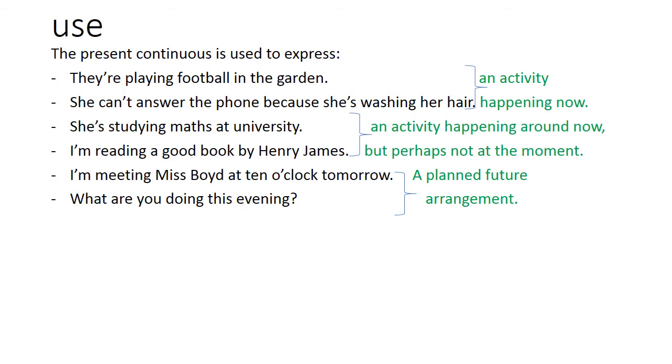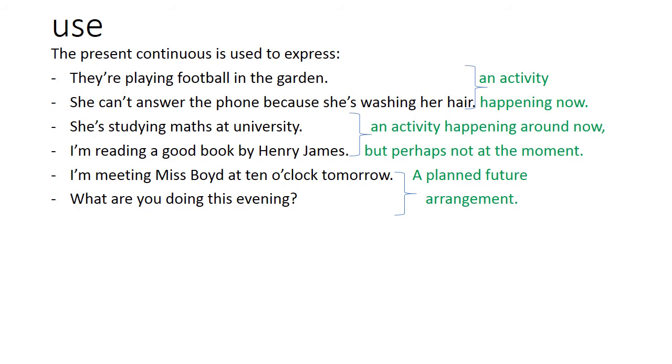And another use of the present continuous is a planned future arrangement. Example for this, I'm meeting Miss Boyd at 10 o'clock tomorrow. And we can ask, what are you doing this evening? That means I have a plan to arrange the meeting tomorrow.